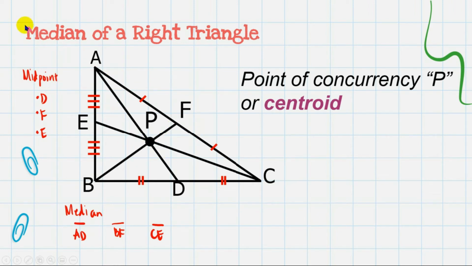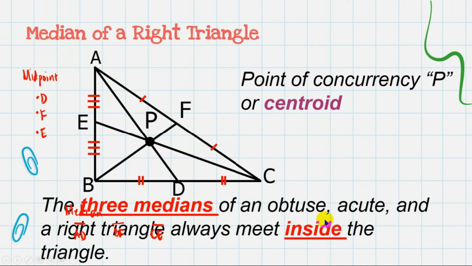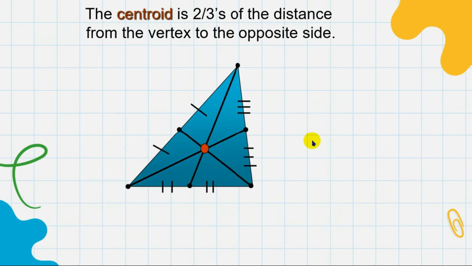And para malaman na tama yung ating segment for the medians, kailangan meron tayong centroid or the point of intersection of those three medians. Okay? Now, the three medians of an obtuse, acute, and a right triangle always meet inside the triangle. So, kapag daw obtuse, acute, and right triangle, ang intersection ng tatlong medians na ito ay matatagpuan sa loob ng triangle. Okay? Inside.